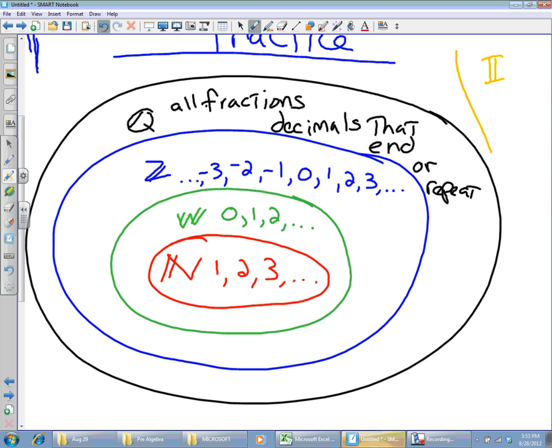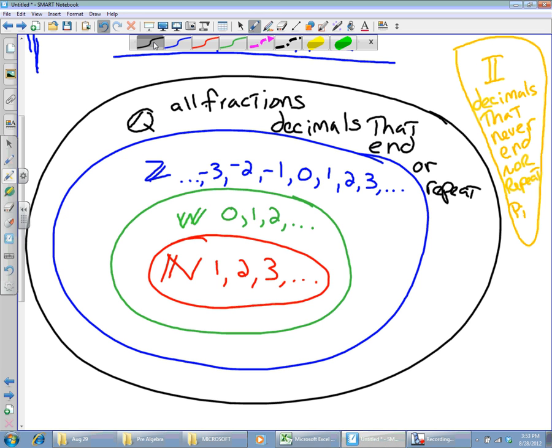And they were a very special group, kind of odd, because they include only decimals that never end nor repeat. And the most famous of which is pi, right? But there's lots of them.